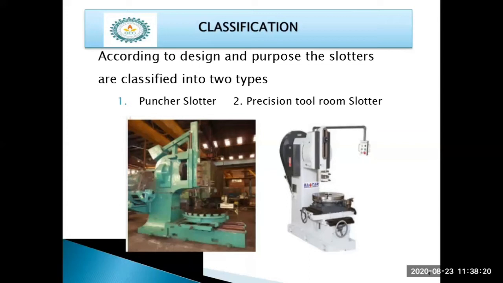It is used for machining large castings and forgings. The second one is the precision tool room slotter. It is light in construction, and it is usually fitted with a quick return mechanism, and it is used for taking light cuts, giving accurate finish compared to puncher slotters.